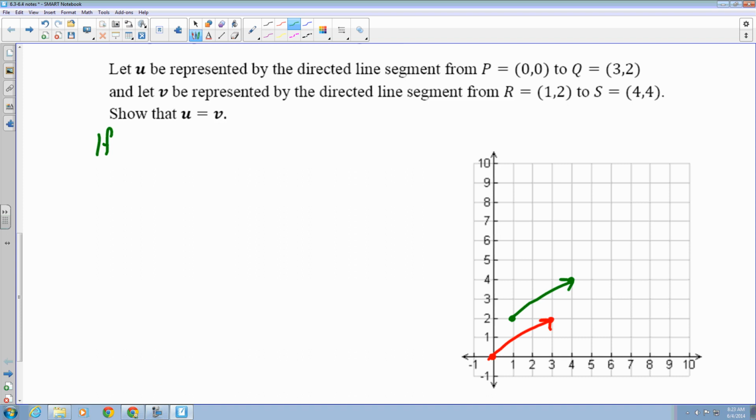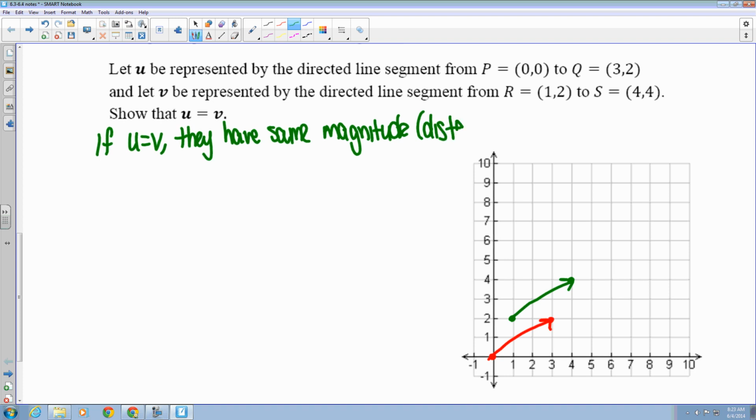So if our two vectors are equal, if u is equal to v, then they would have the same magnitude, which is distance, and the same direction, which on a graph is denoted by slope.